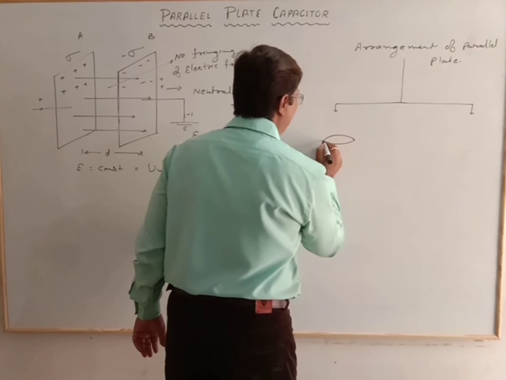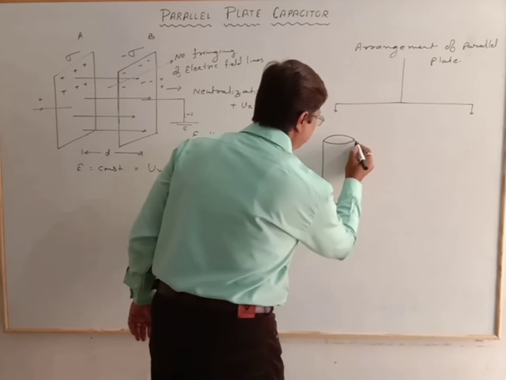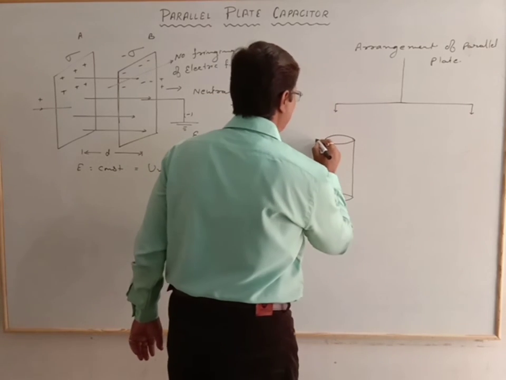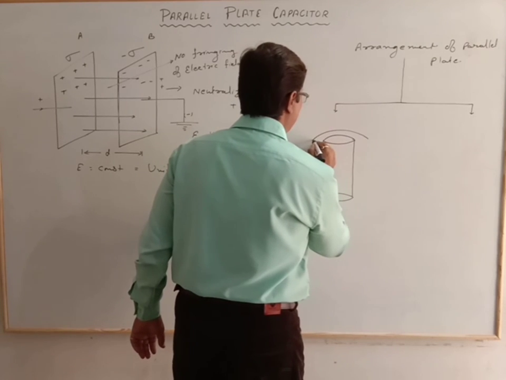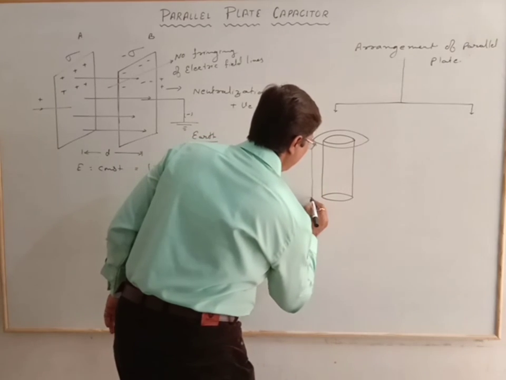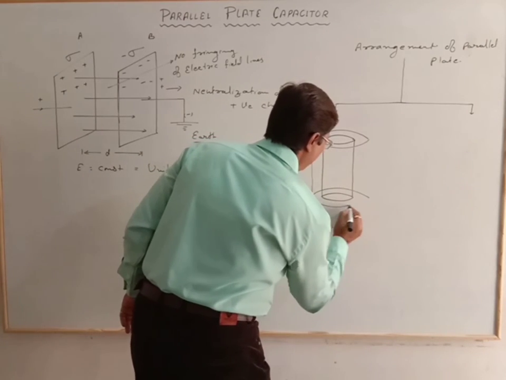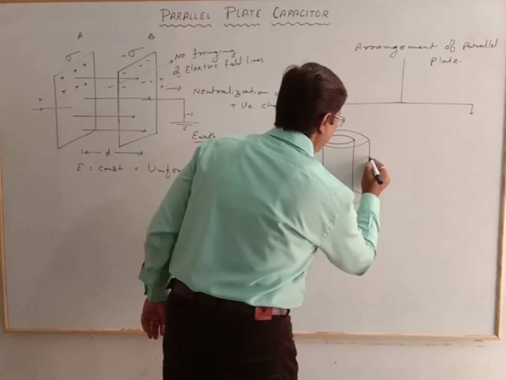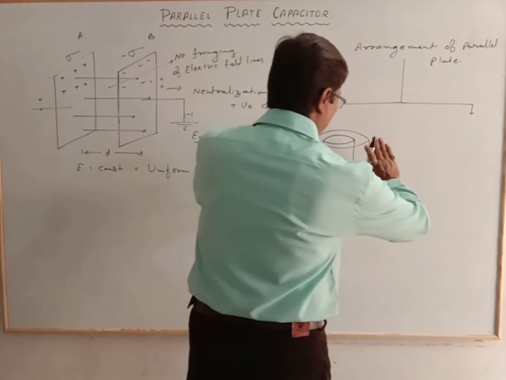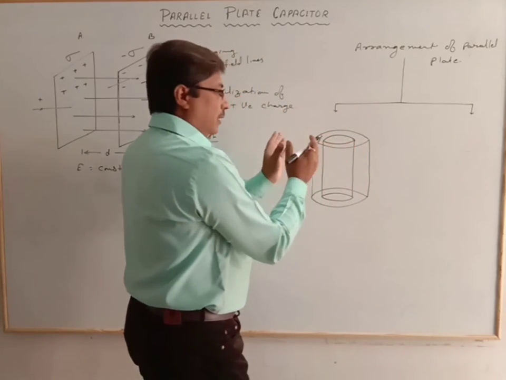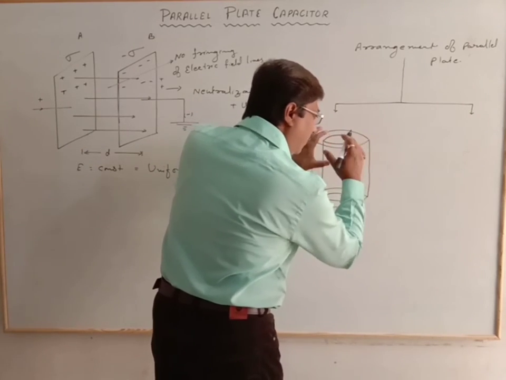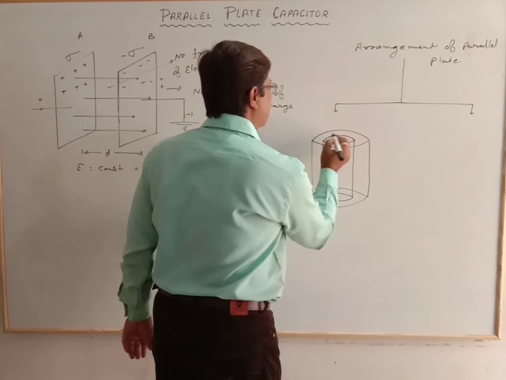If we observe the shape of this one, it is cylindrical. When the two parallel plates are arranged like a cylinder, one covers the next one, and charge is supplied.